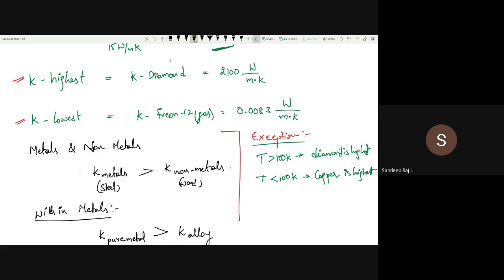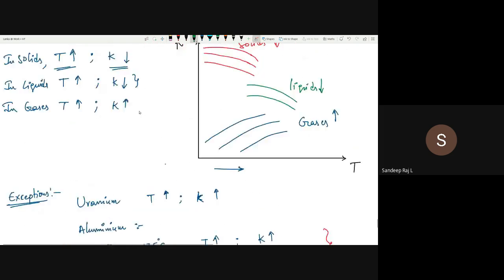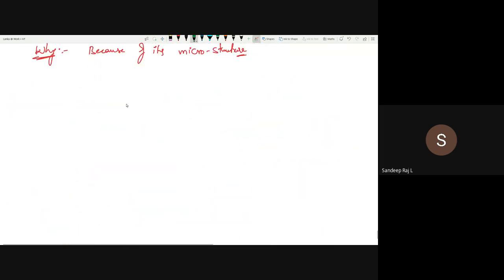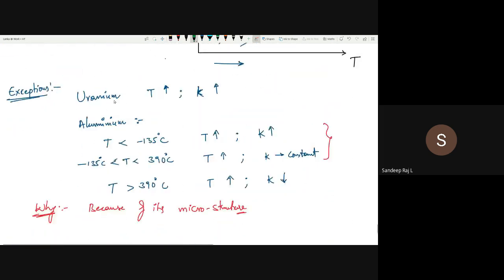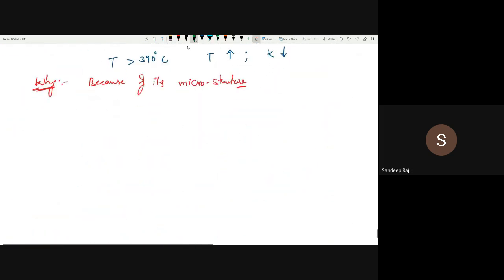Right. So we are discussing the thermal conductivity variation with respect to the temperature. I hope I told everything in this one. We'll move to the next topic here.